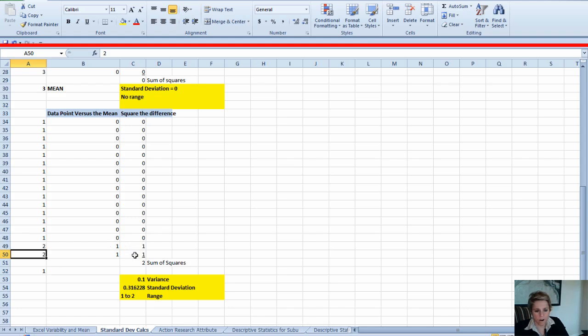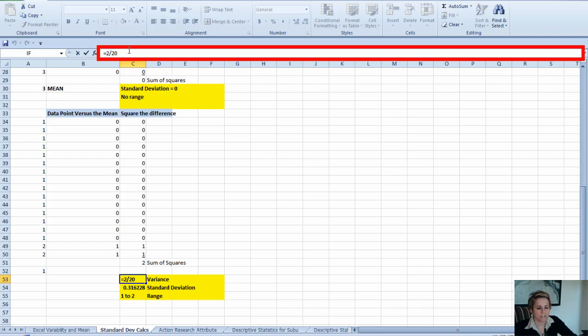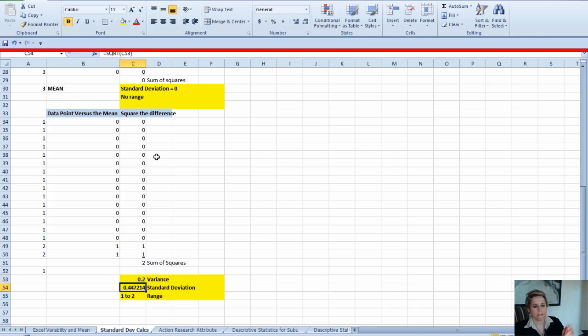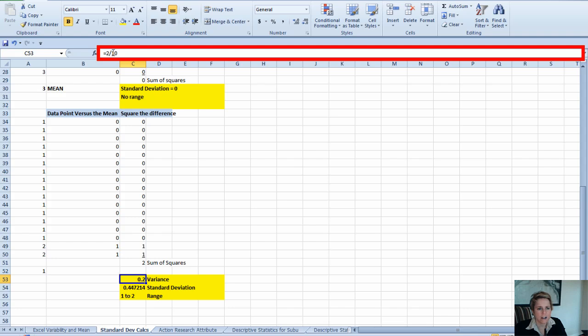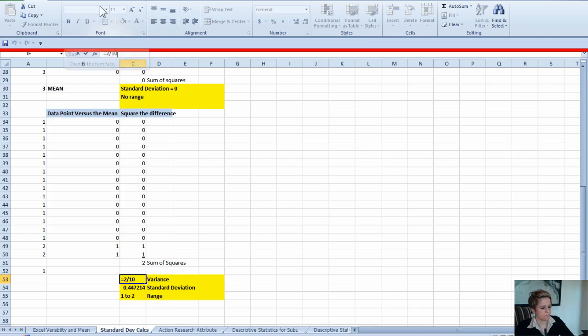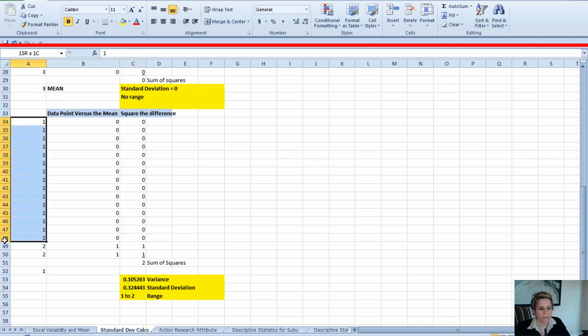You add them up, you would get the variance, which is, in this case, I should have done that differently. I think I had 20 data points there. So it would be the sum of the squares divided by, excuse me, I did that wrong. 19 data points. And then you get your standard deviation measure by square rooting that.